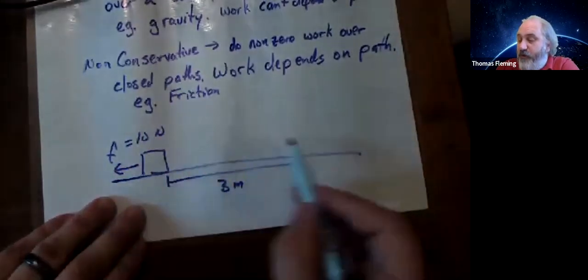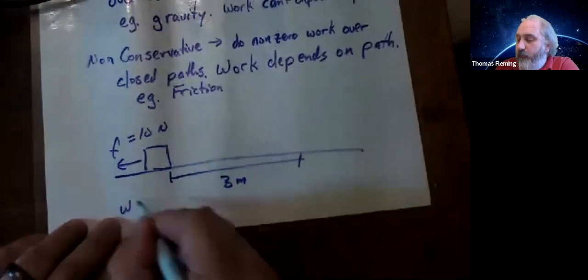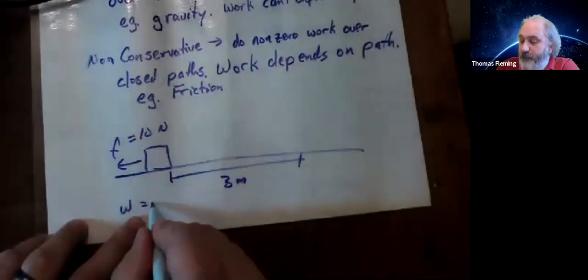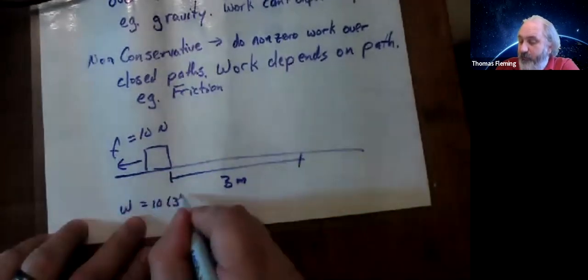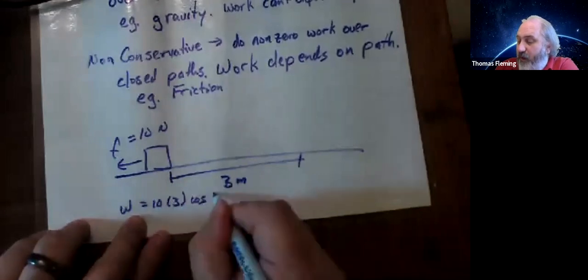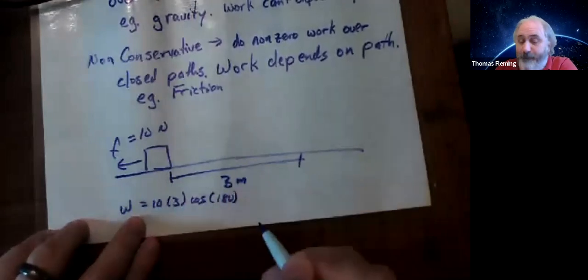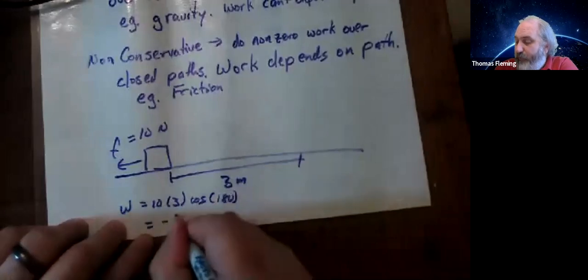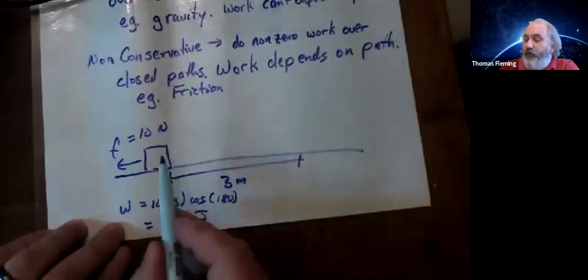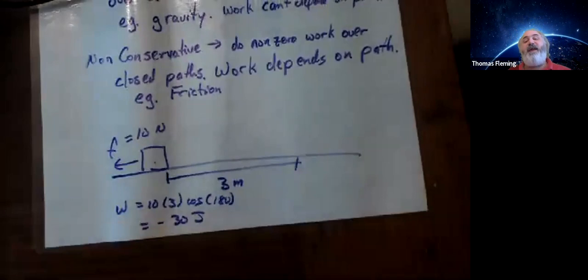Now, to go from here to here, the work would be 10 times 3 times the cosine of 180. So that's negative 30 joules. So to go from here to here, friction would do negative 30 joules worth of work.